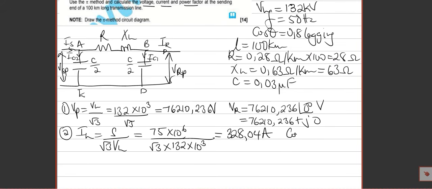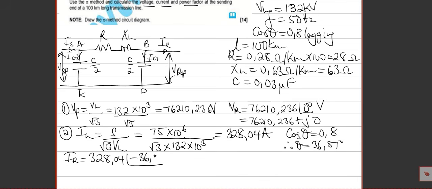This side, let's find our angle, power factor 0,8. Therefore, theta equals 36,87. So my IR value, I have 328,04 at the angle of minus 36,87 amps. We convert it to rectangular form.